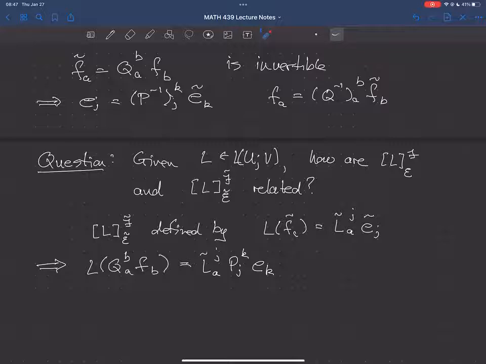Similarly on this side of the equation, I have E J, and the J is being summed over, which I'm inheriting from here. Then I need to introduce a new summation index, which can't be J, so I'll make it K. I can't sum over J again, because I'm already summing over J, and doing that more than twice violates the summation convention.